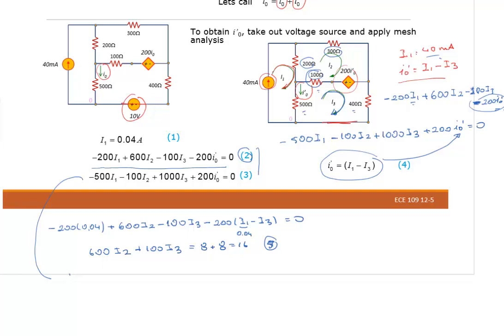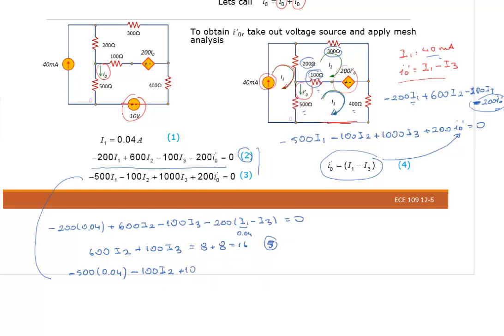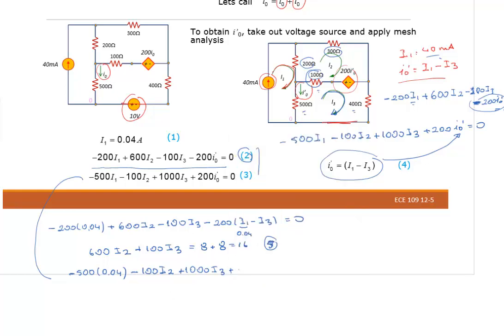That will be here negative 500 times 0.04, minus 100 I2 plus 1000 I3 plus 200 times 0.04 minus I3 will be equal to 0.